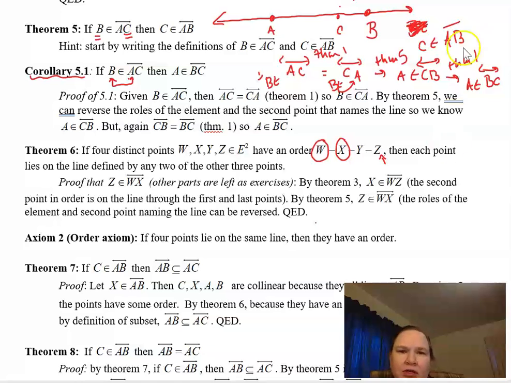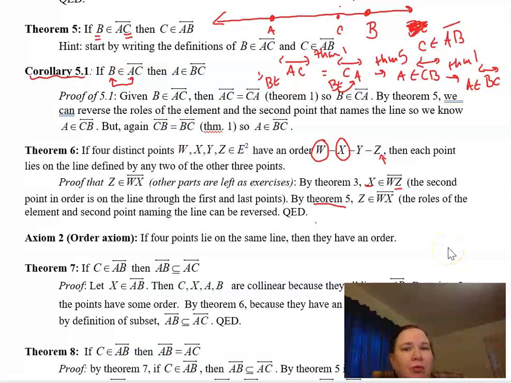Well, here I've got Z. I would like to switch X, that's my point, and Z, that's the second part of the name. Theorem 5 switches the point and the second part of the name, so I get to use Theorem 5. All right, we're done. I can get Z to be on that line.